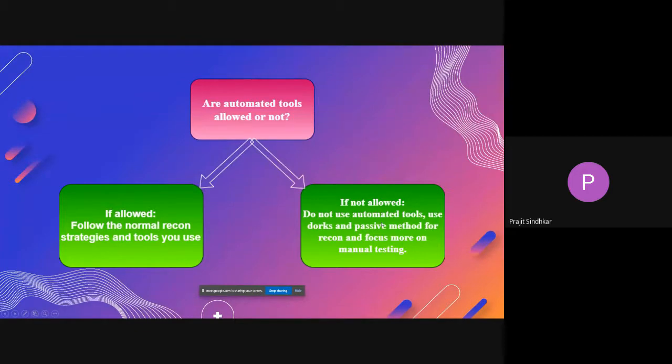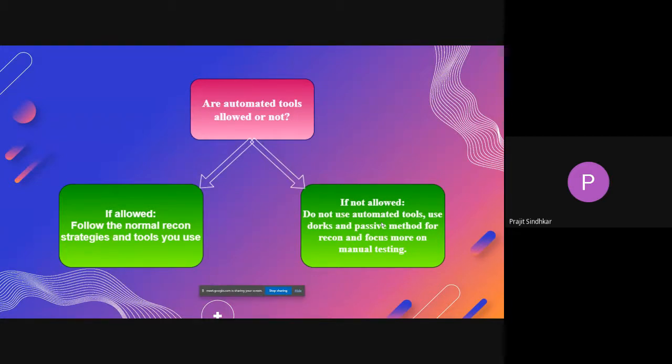So what are passive methods? There are two methods of recon: active and passive. Active means that you are connecting with the server and making a direct request, and there is noise on the server, right? But in the passive method, you are gathering information without interacting with the server or the authorities. So focus more on passive methods, using tools like Shodan, Google dorks, finding whatever information is publicly available, basically footprinting.